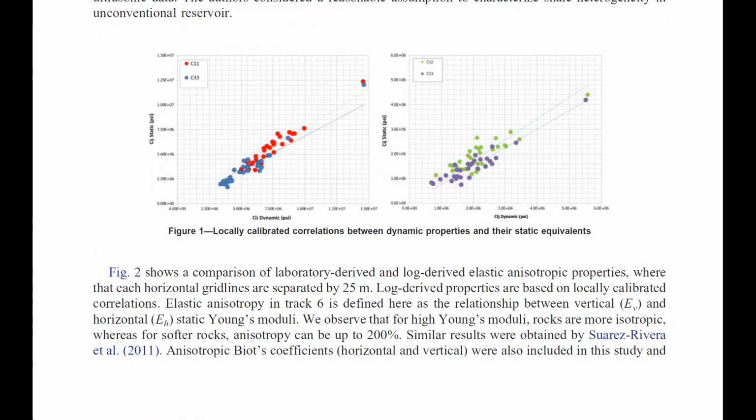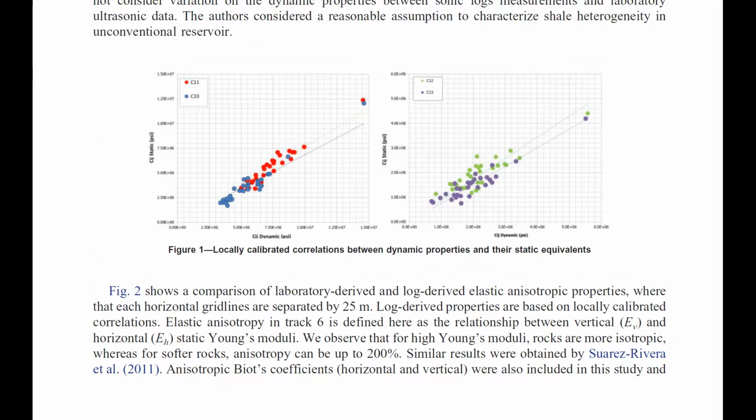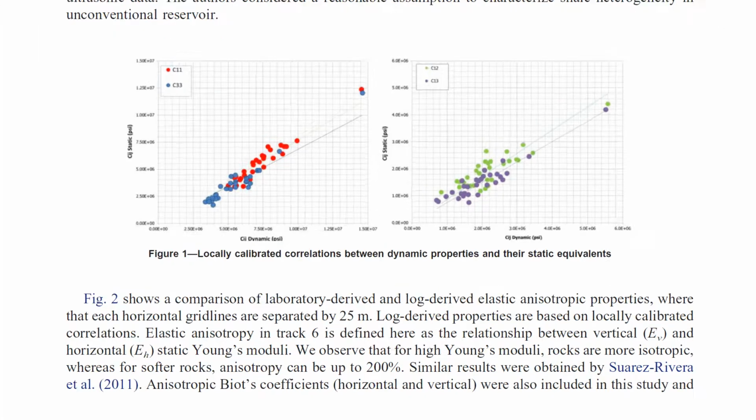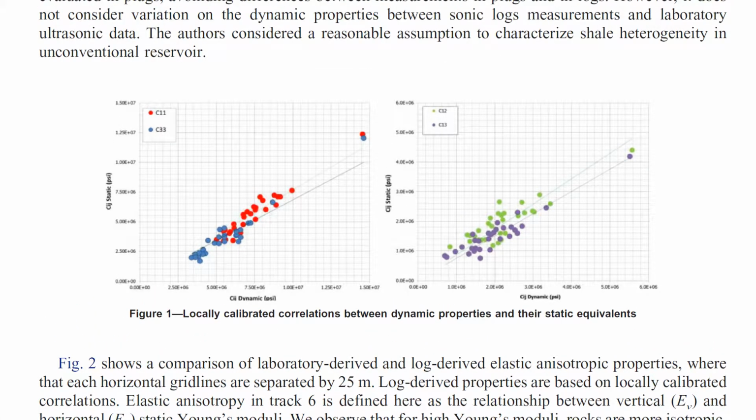But where I want to go right now is some of what we already discussed too. Here you have a plot of, for example, sigma 3 in the y-axis, static values, and also for C12 and C13.